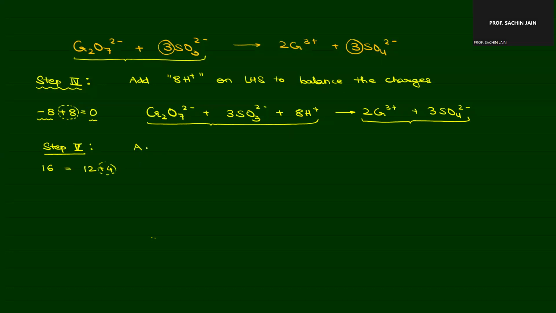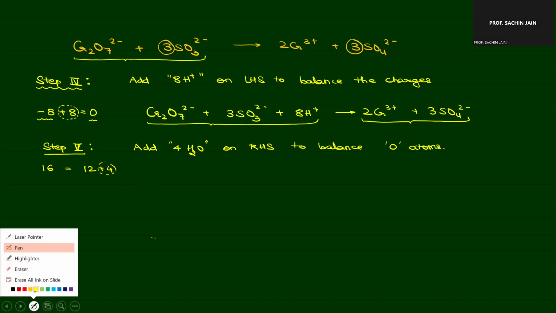So conclusion, you have to add 4 water molecules, which provides the oxygen atoms, on the right hand side, RHS. And why are we doing this? To balance oxygen atoms.